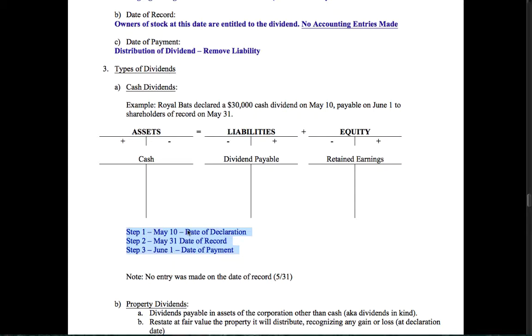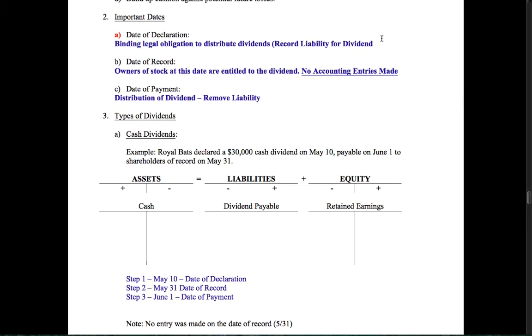First, you need to record the entry at the date of declaration. Therefore, on May 10th, we know that they declared a $30,000 cash dividend. We know from up here that we need to record the liability for the dividend.